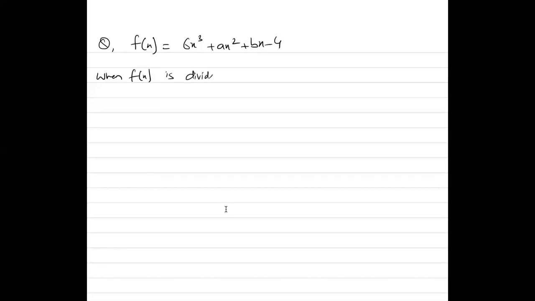Okay, let's try this one out. The function given to you is 6x cubed plus ax squared plus bx minus 4. When the function is divided by x minus 1, the question says that the remainder is 3.